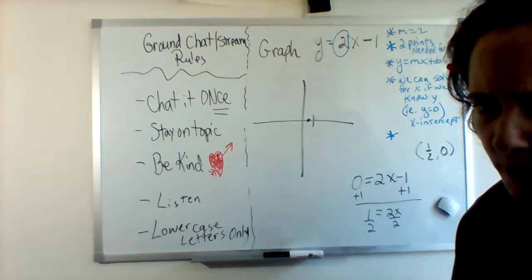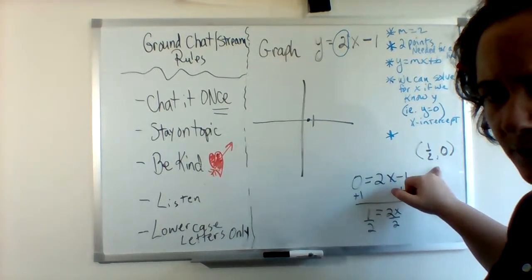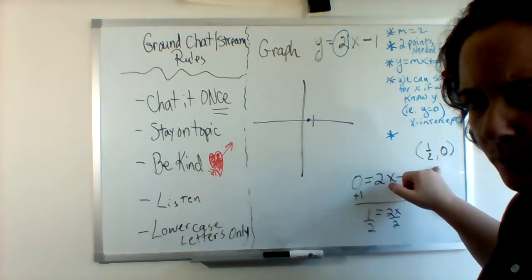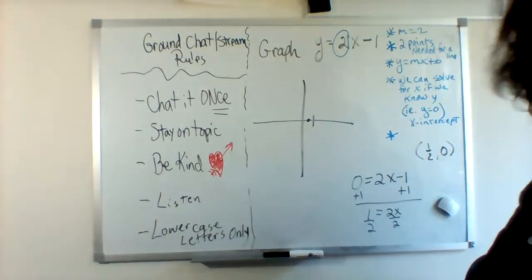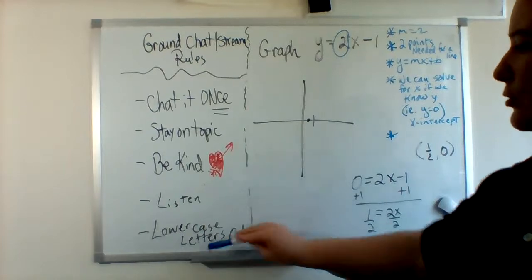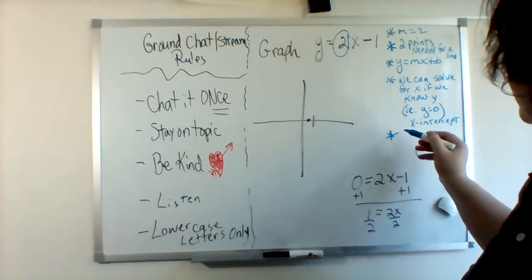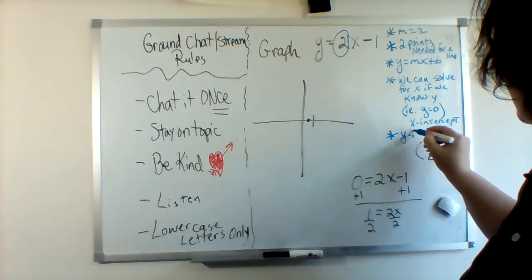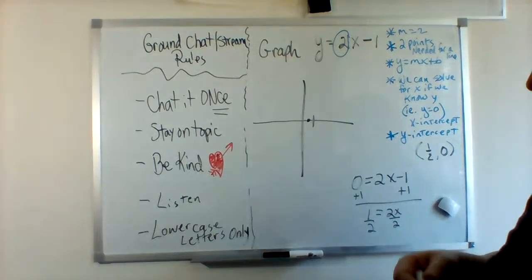It would have 2 points, which would be 0.5, 0, and the other one would be 0, negative 1. Oh, okay. You guys jumped to getting the y-intercept then? Check you guys out.